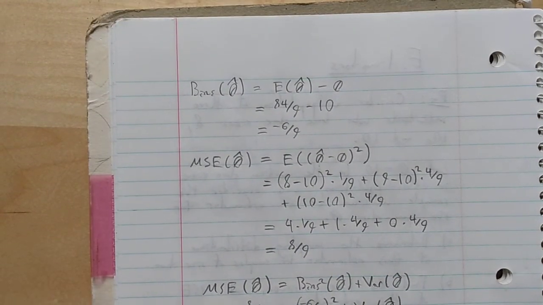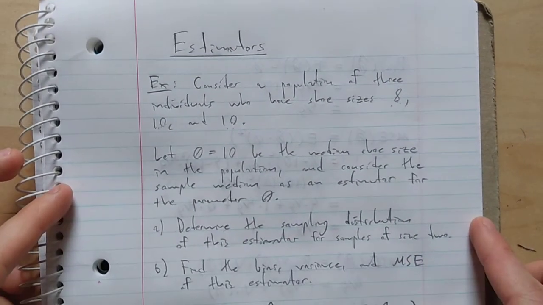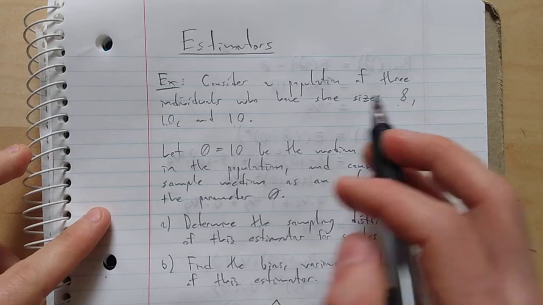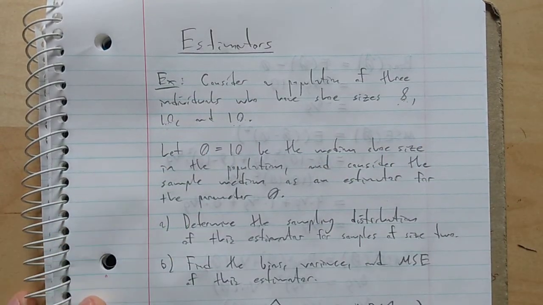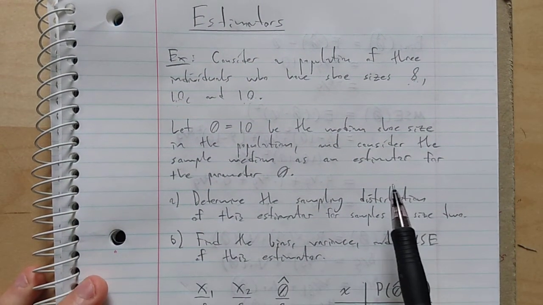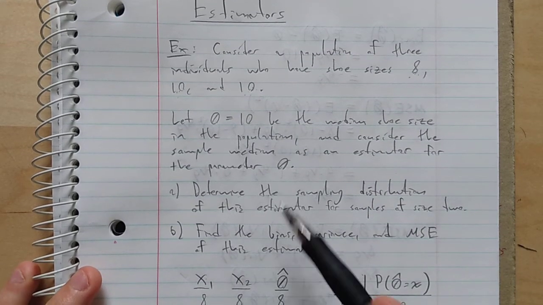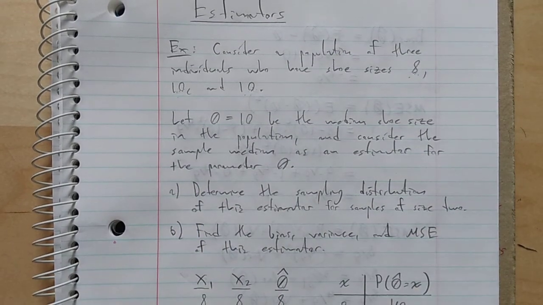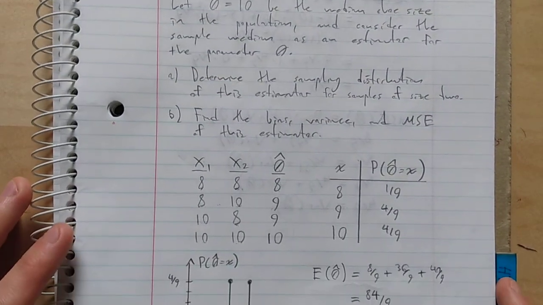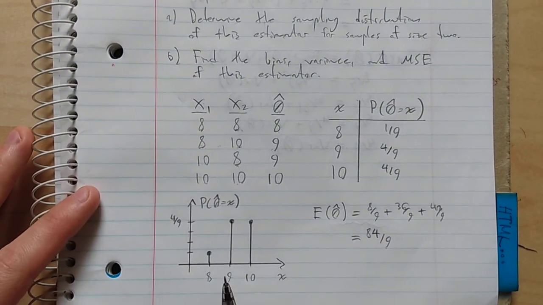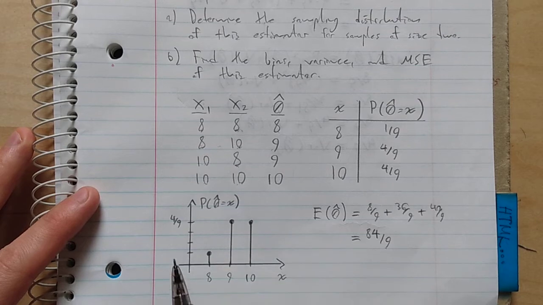So, recap. In this particular case, you've got a population with 3 individuals, and we're using a sample of 2 individuals, using the median of that smaller sample to estimate the median in the whole population. If you do that, what happens? You get a sampling distribution for your estimator that looks like this.